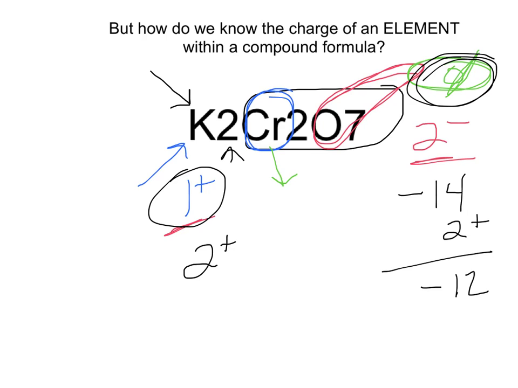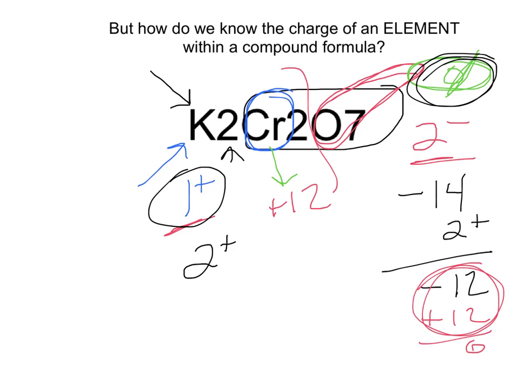Okay? So I have to have a positive charge over here of 12, because a +12 would get me back to 0. 12 is my magic number here. So I need a +12 charge on these chromiums to balance it out.